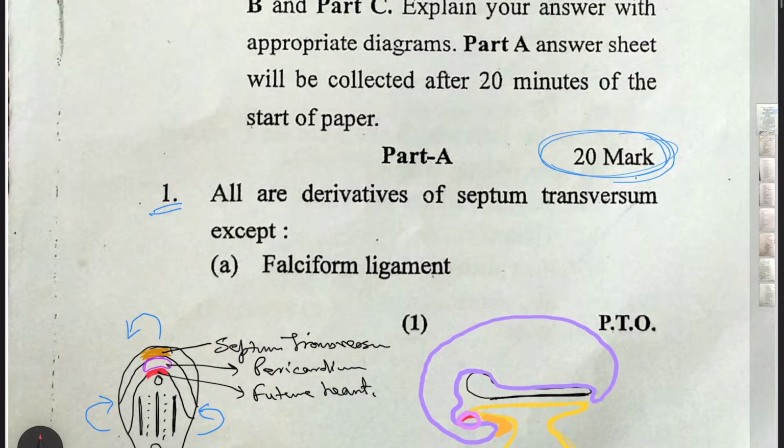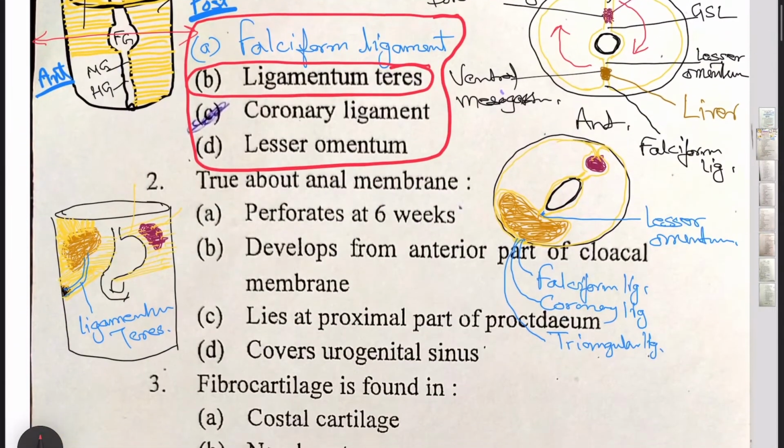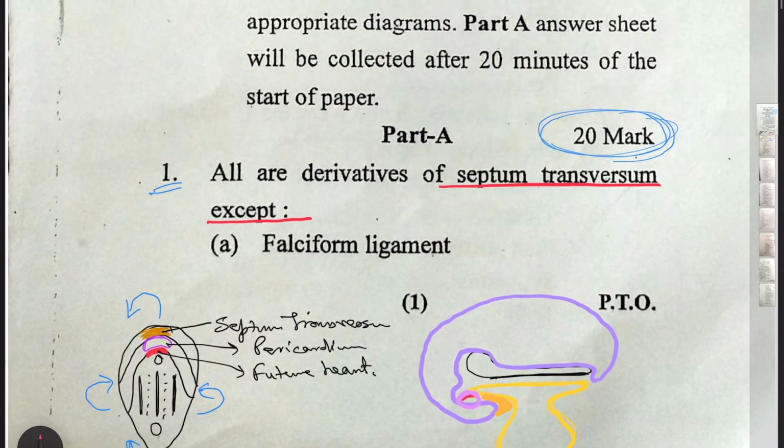Actually, this question, derivatives of septum transversum, is not a very well defined statement. Again, I come back to this framing of question, which is not very exactly correct. These are derivatives, all of you have just seen in my diagrams. I just explained to you that these are derivatives of ventral mesogastrium.